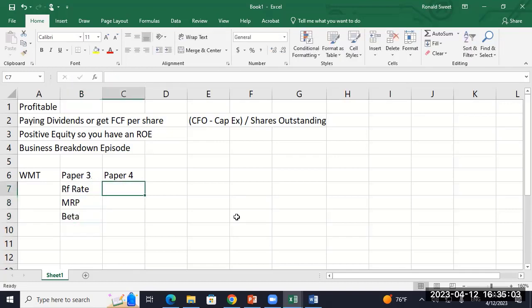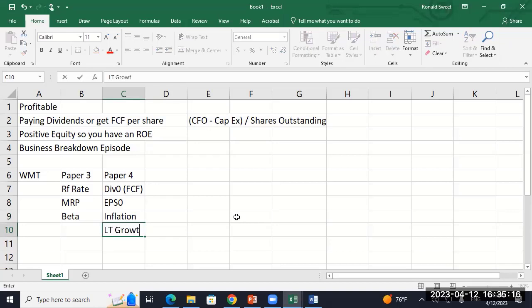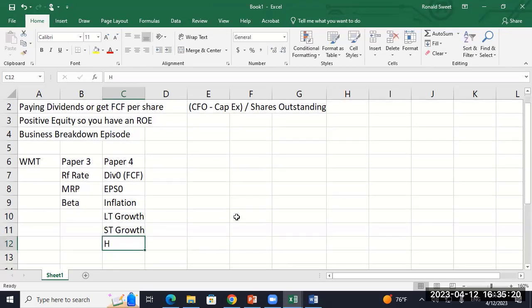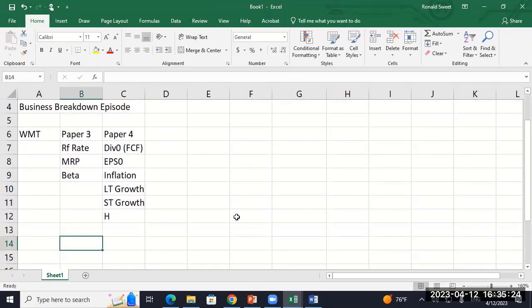For paper 4, you need dividend 0, or free cash flow, EPS 0. You need an inflation rate. You need long-term growth, short-term growth, and an H. So you need a lot more stuff for paper 4. So essentially what papers 3 and 4 is documenting each of these assumptions, right?